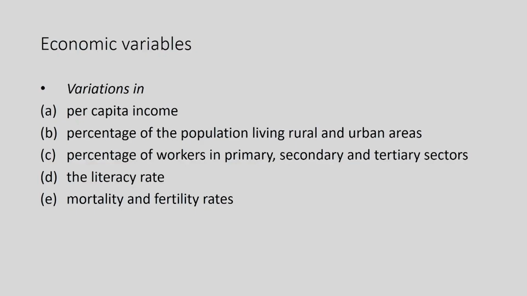Such comparisons generally focus on variations in per capita income, which are economic variables; the percentage of the population living in rural and urban areas; the percentage of workers in agricultural, industrial and service sectors, that is primary, secondary and tertiary sectors; the literacy rate; and mortality and fertility rates.